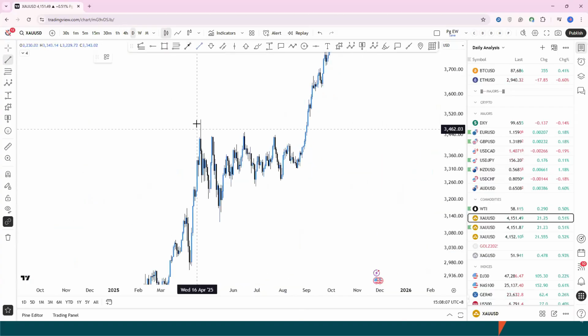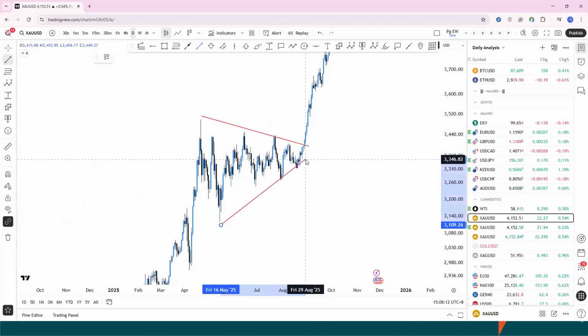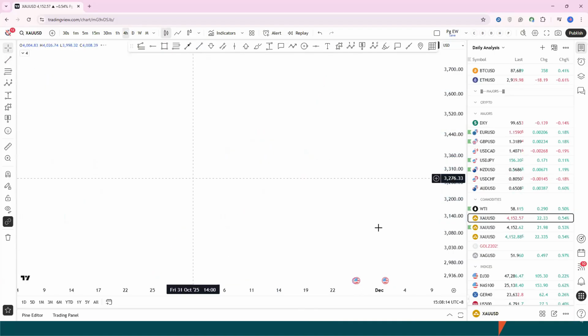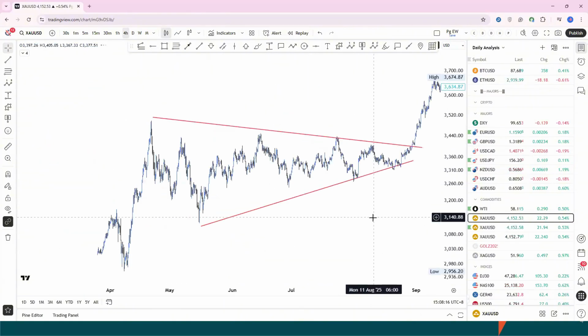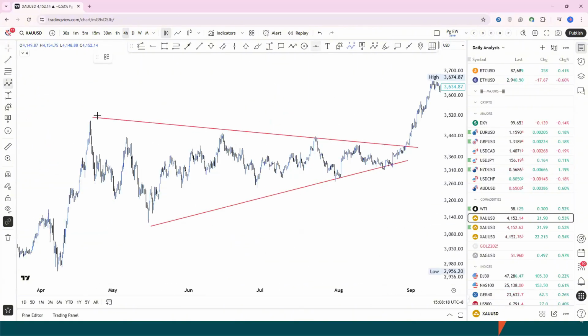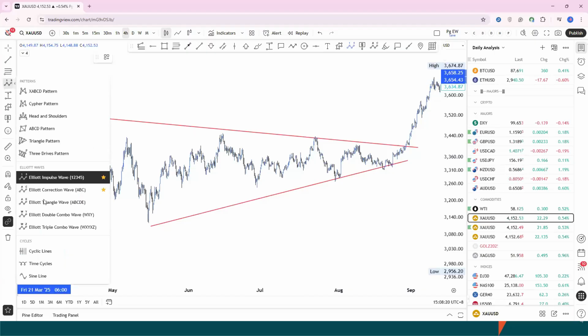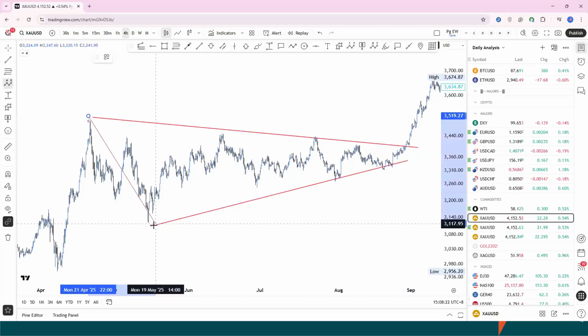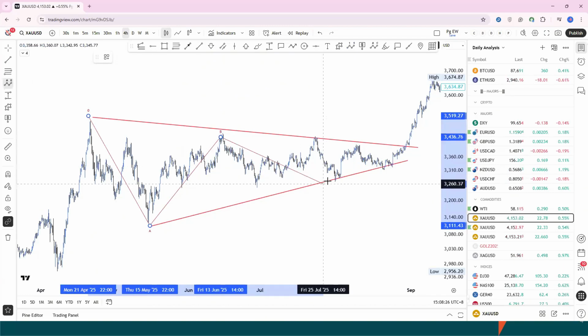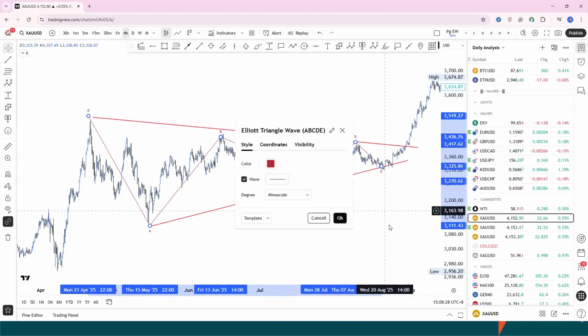This is a good example: these are A, B, C, D, E. Whenever you see a triangle here, you will count, and then you will see A, B, C, D, and E.